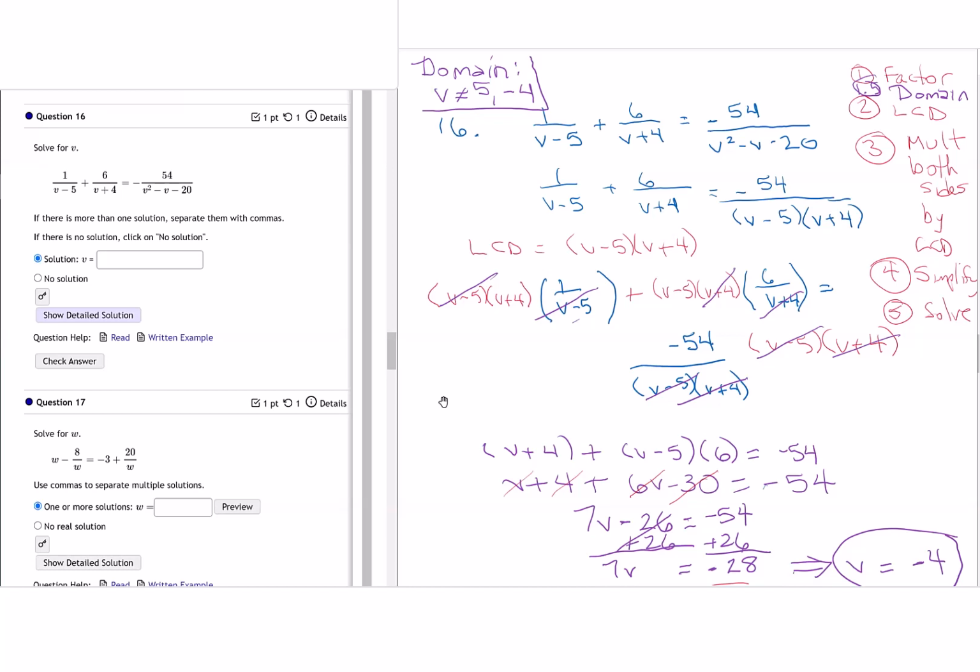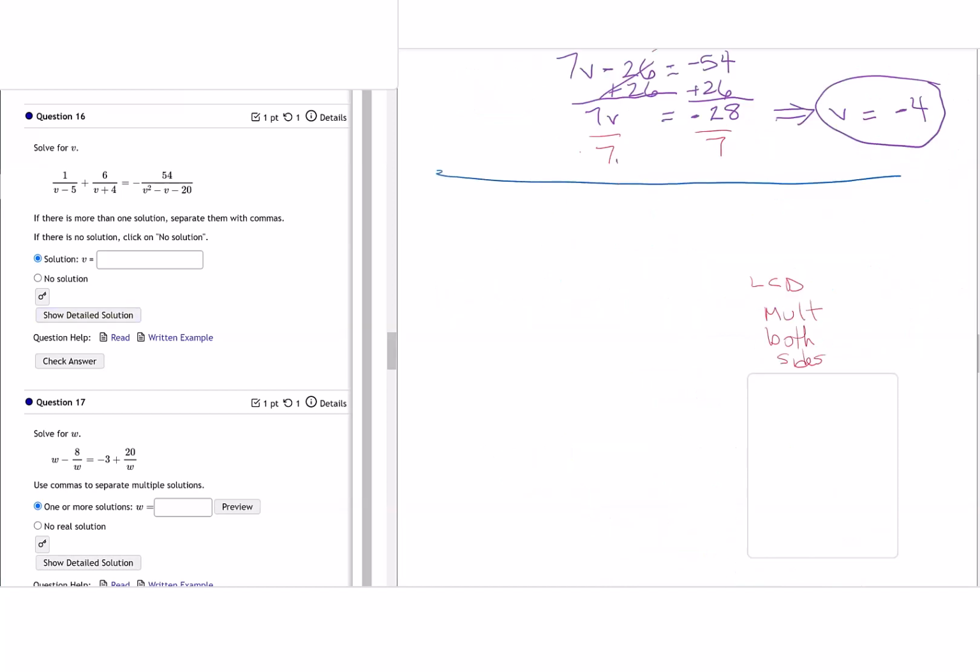So we really do have the same steps. I just want to give you the steps. Number 1, factor. Number 2, find the domain. Number 3, find the least common denominator.